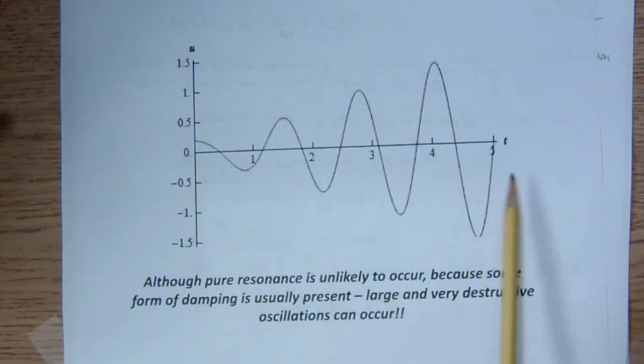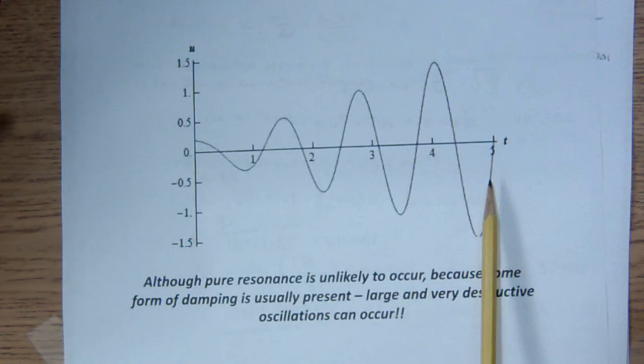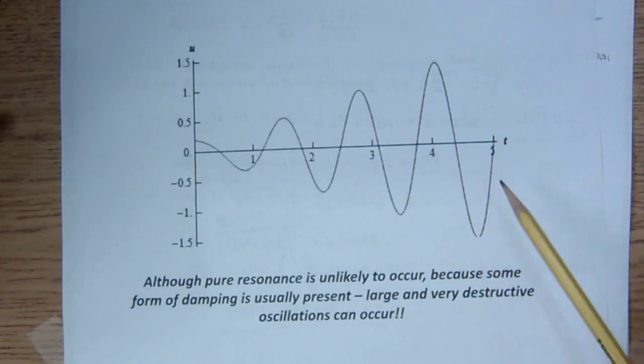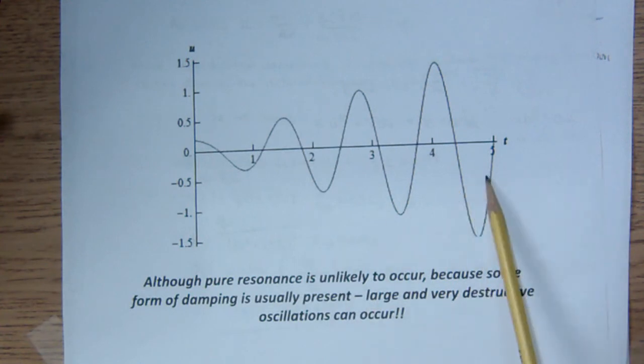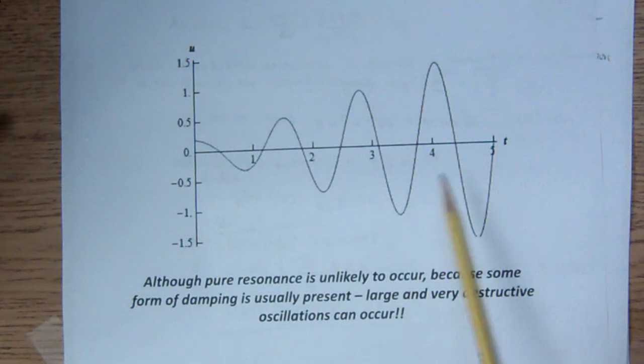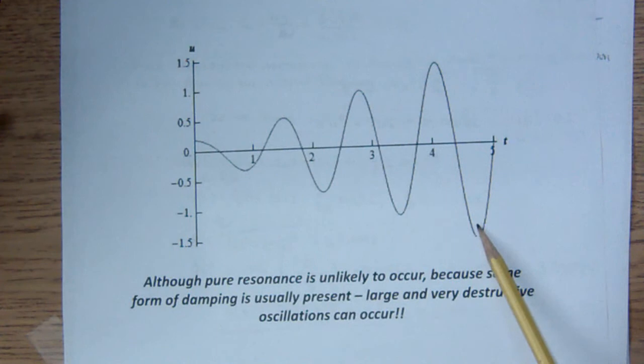So you see, resonance is something to be avoided at all cost, because that will result in the utter destruction of your system. I don't care how strong you build the system, this kind of behavior will tear it apart over time. Now, although pure resonance is unlikely to occur because some form of damping is usually present, large and very destructive oscillations can occur, so engineers need to be very sensitive to this idea.